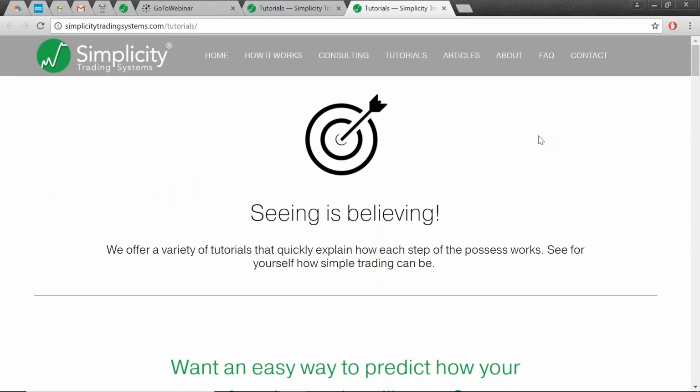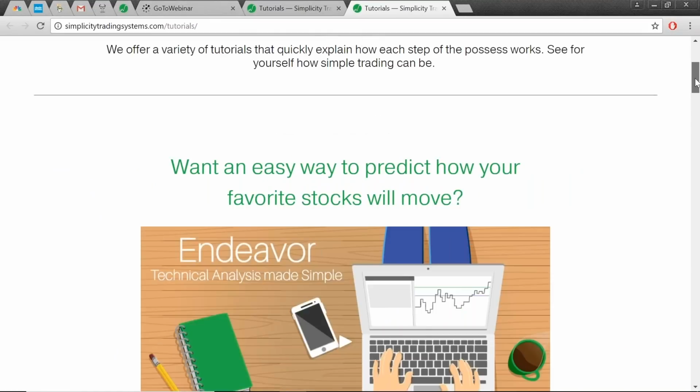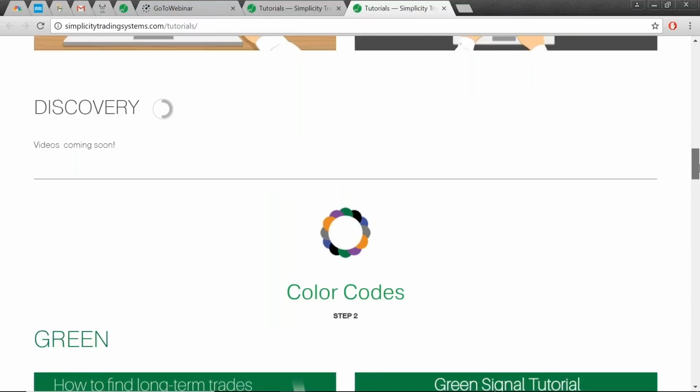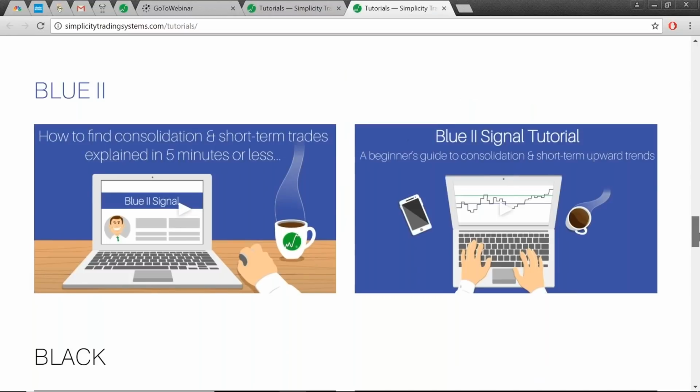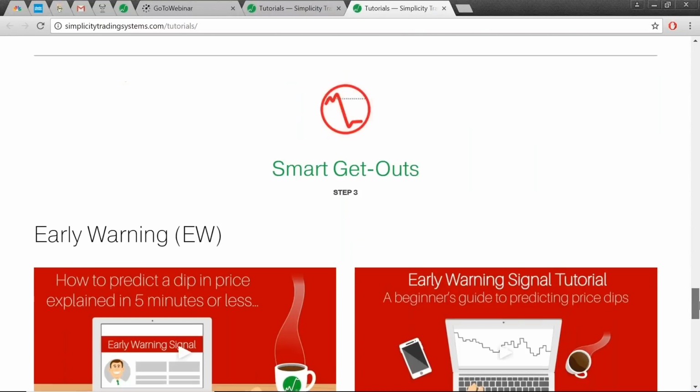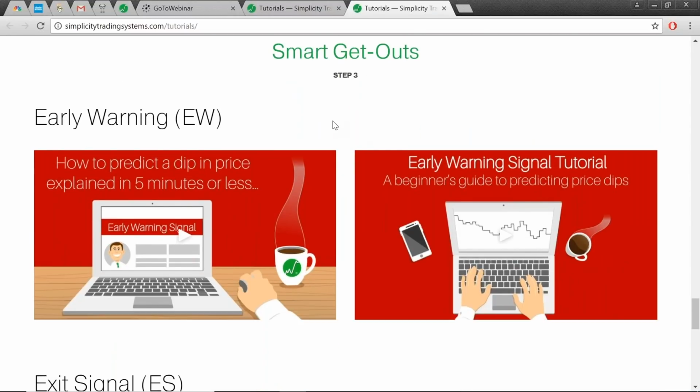This brings you to the tutorial page on the Simplicity site, where all you have to do is scroll down and you'll find videos on every single category and every single color that we offer. So in this case, we're coming down here to early warnings, and you can either watch a quick 5-minute refresher video or a longer in-depth tutorial, which vary, but they're anywhere from 15 to 20 minutes.